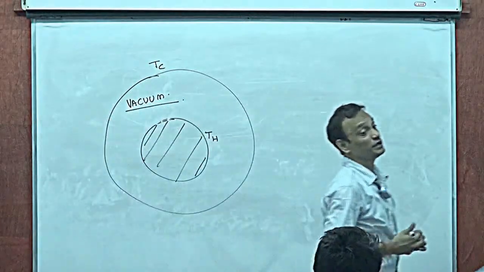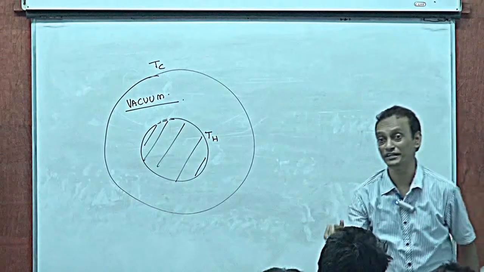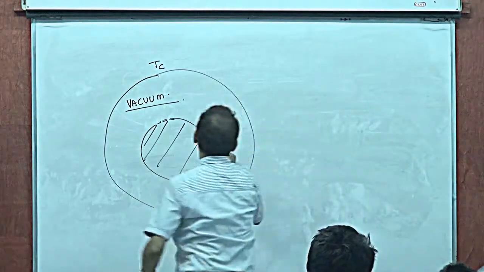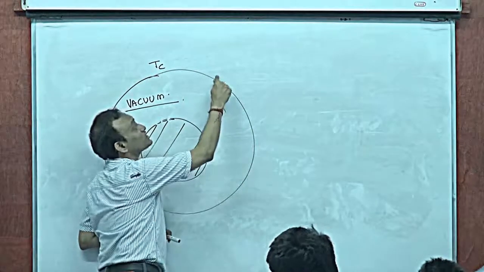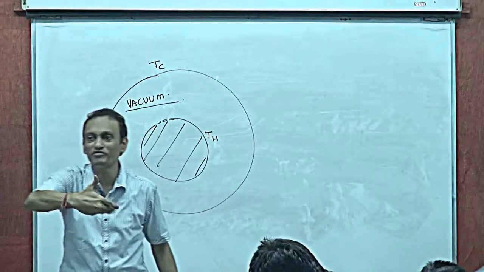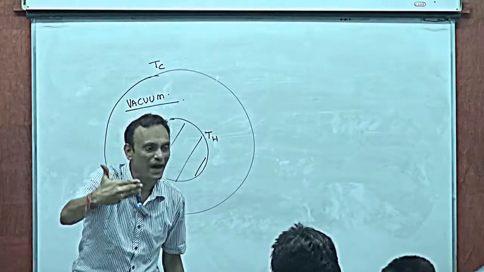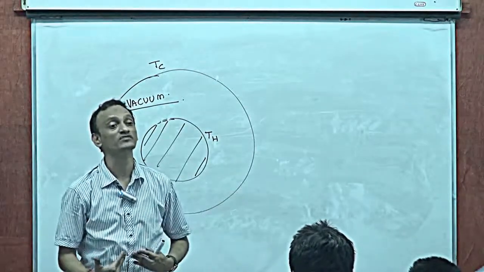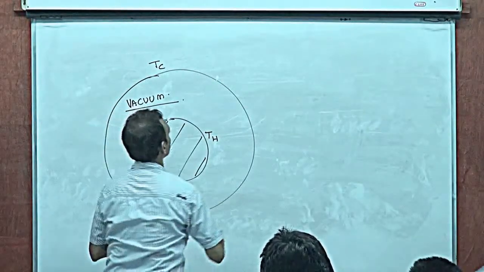Now, if there was no material medium between the two, you couldn't have had conduction, you couldn't have had convection. Yet you find that the temperature of this decreases and the temperature of this increases. That means there must have been a third mode of heat transfer which does not require for its propagation a material medium, and that mode of heat transfer is radiation.